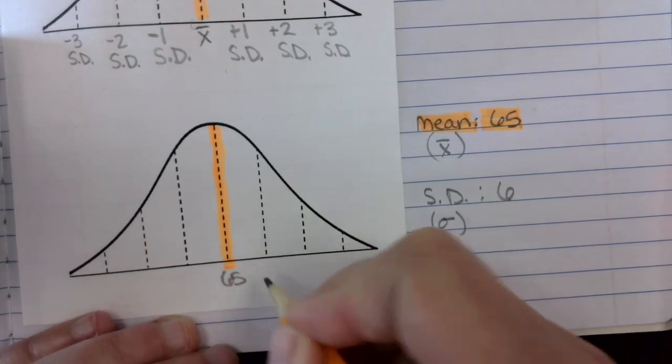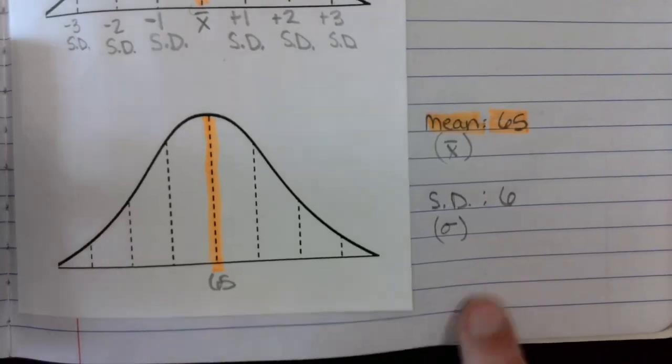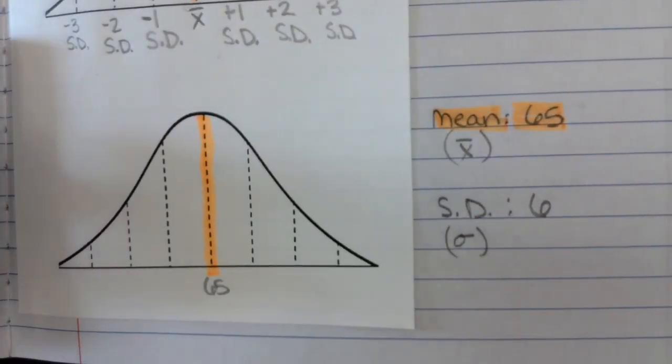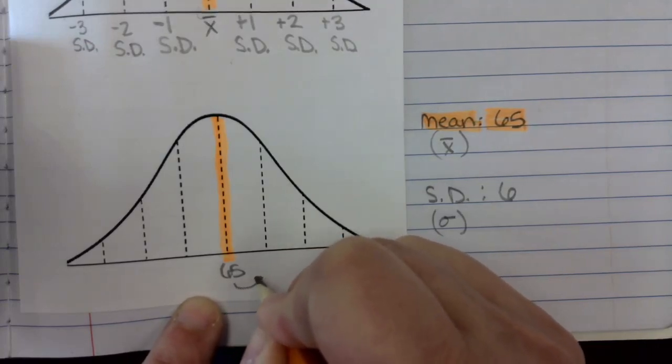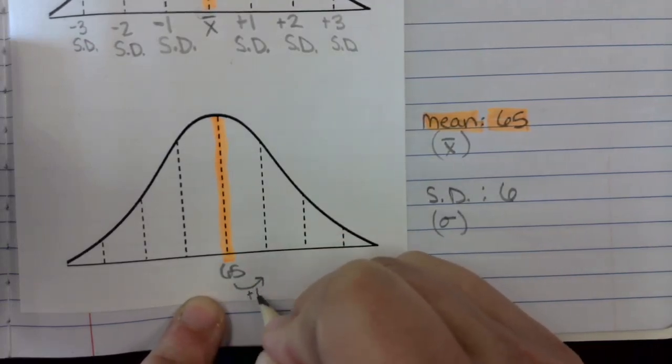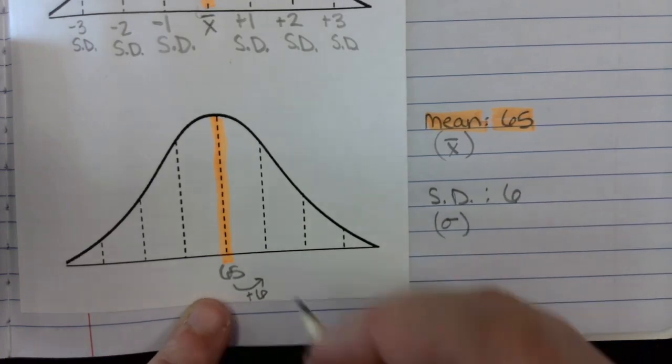Now, as I move away from that mean, that middle, that 65, I'm going to be moving in standard deviations to show how much of our data is there. So if I go 1 to the right, I want to add a standard deviation. So I'm going to add 6. So 65 plus 6, 71.